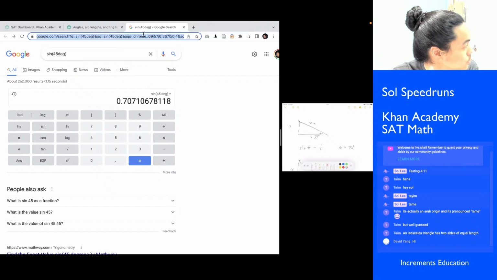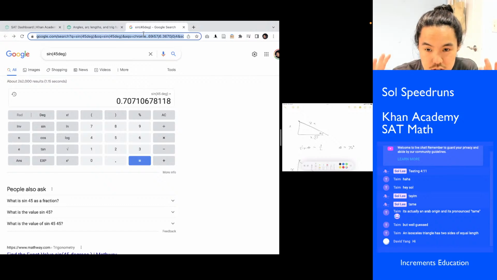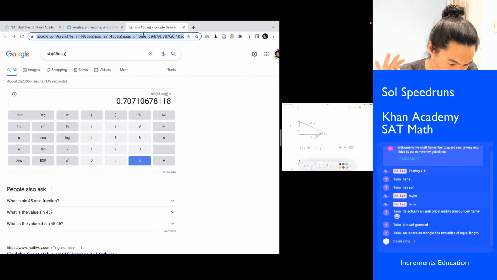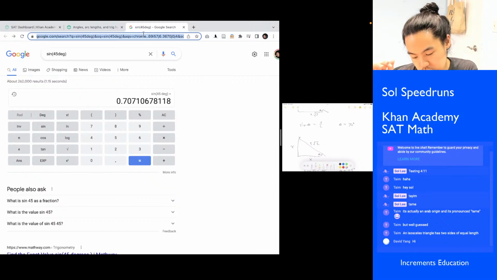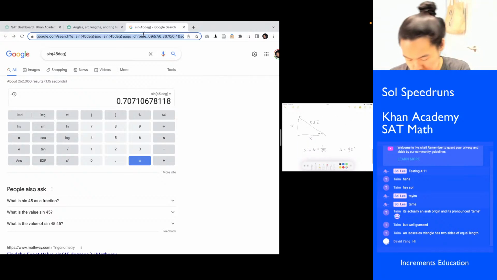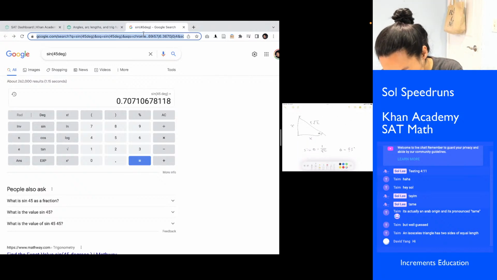Hang on. 2 squared plus 2 squared is 8. So square root of 8 is, oh. Square root of 8 is 2 square root of 2.